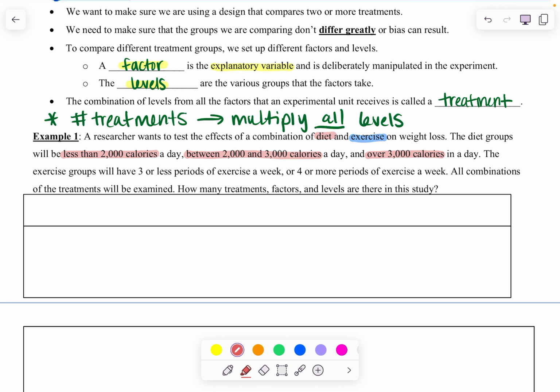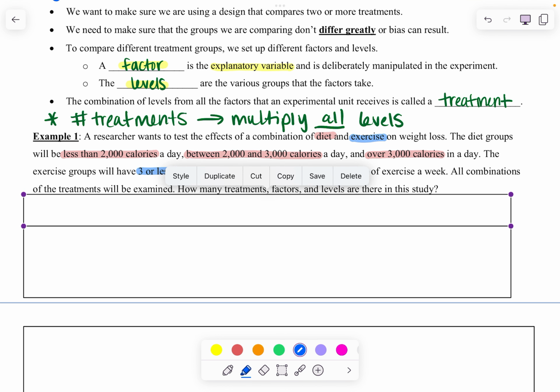So that one factor has 3 levels. And then my other factor is exercise. There's going to be a group that has 3 or less periods of exercise and a group that has 4 or more periods of exercise. So the factor for exercise has 2 levels.